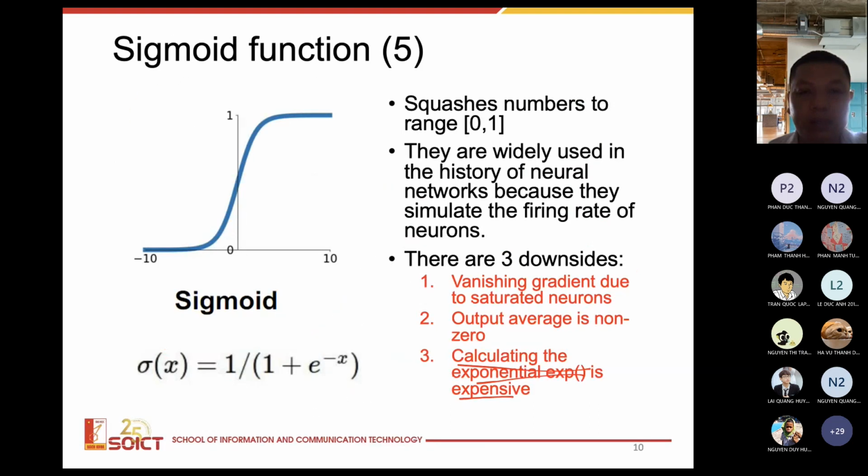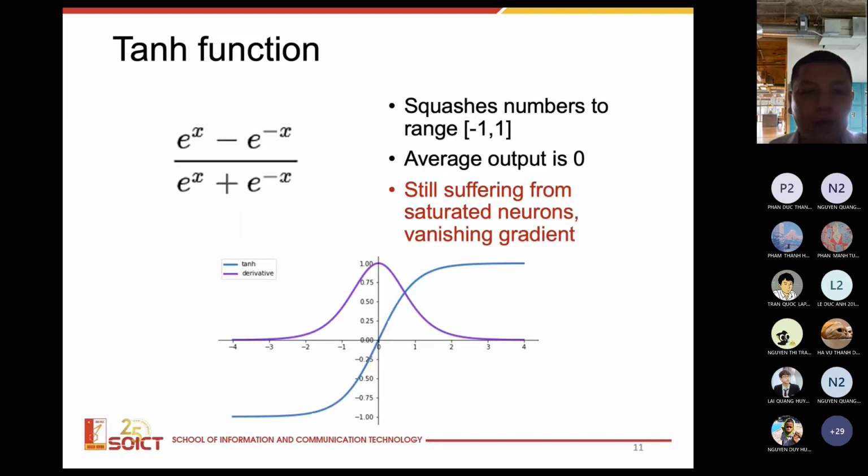So now we discuss the tanh function. For the tanh function, the output is in the range from -1 to 1. So in this case, the average output is 0, right?